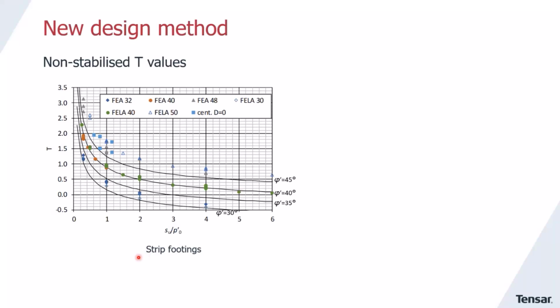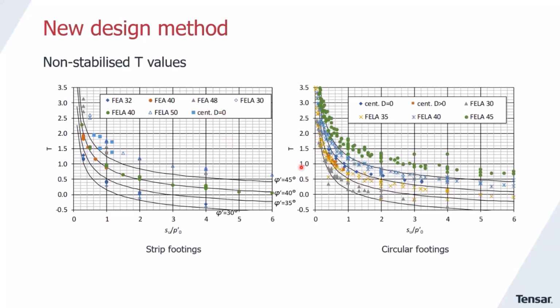And as we can see, it fits very nicely with the existing research. This is the centrifuge research from the University of Oxford and Newcastle. And for circular footing, we have even more data.